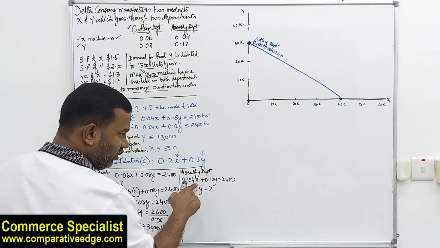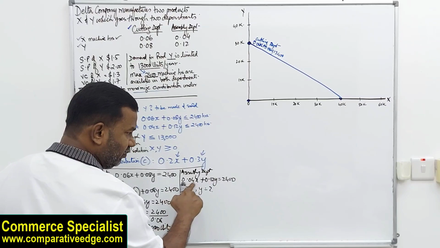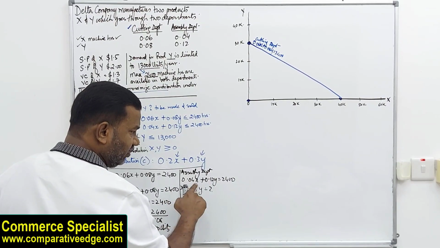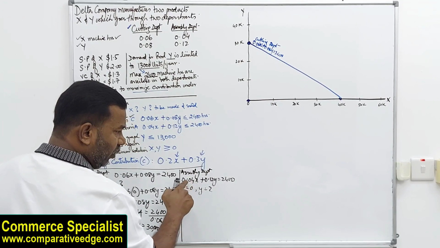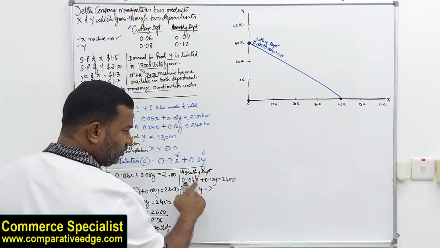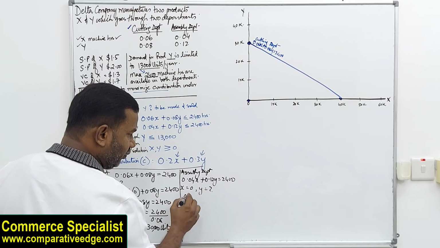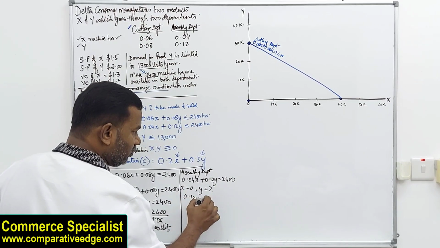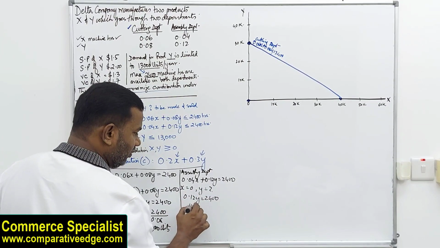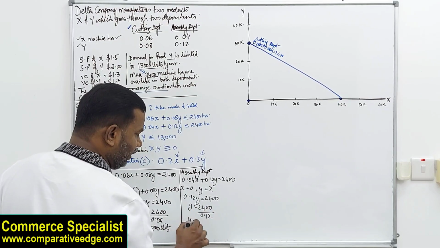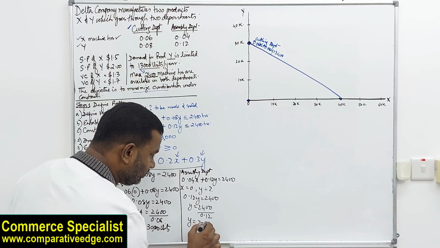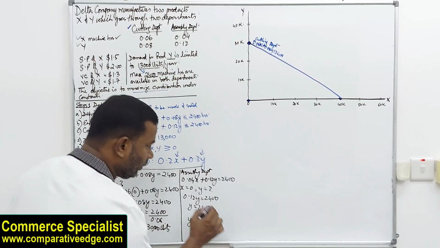If I put x as 0, 0.04 multiplied by 0 will become 0. So I'll only be left with 0.12y is equal to 2400, and y will be 2400 divided by 0.12, and y will be equal to 20,000 units.